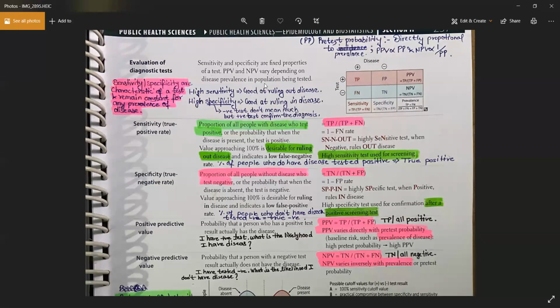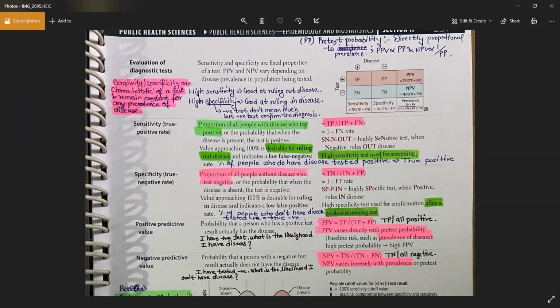And specificity is a property of the test to detect a certain disease very accurately, which means all those patients who have the disease, the test must identify them.